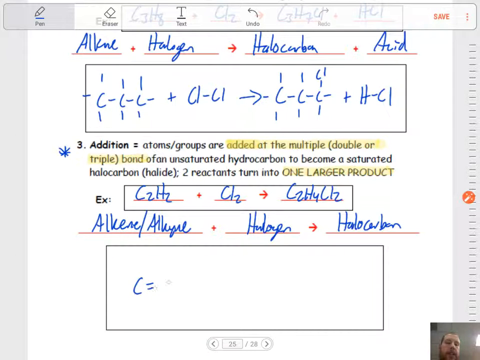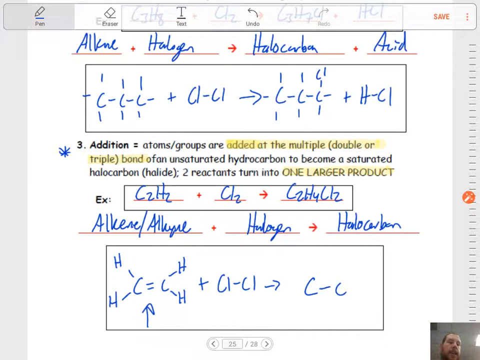If you take a look, it should make sense that we've got space for an addition to happen because this is not a saturated molecule, meaning there's room. There's a double bond that we could form into single bonds, and that's exactly what's going to happen.